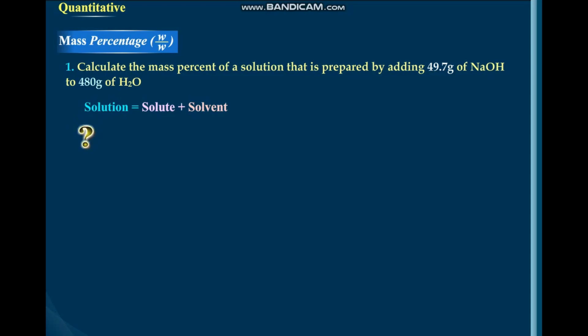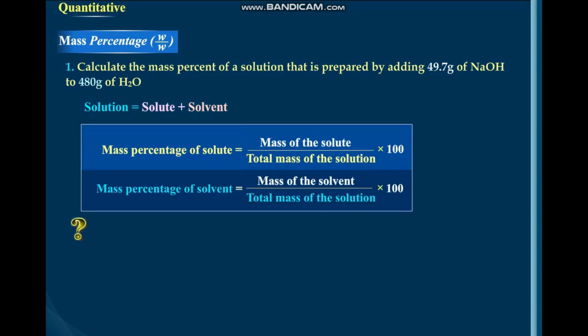So how to calculate it? The mass of the solution is equal to mass of the solute plus mass of the solvent. Mass percentage of the solute, as we have learned earlier, is mass of the solute divided by total mass of the solution into 100.